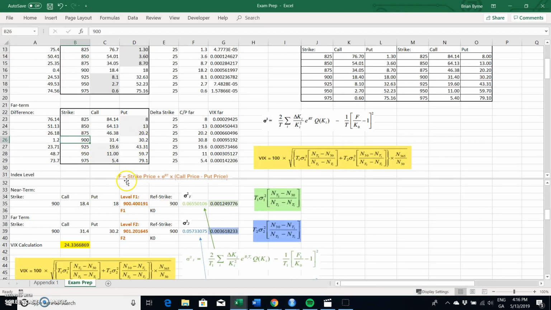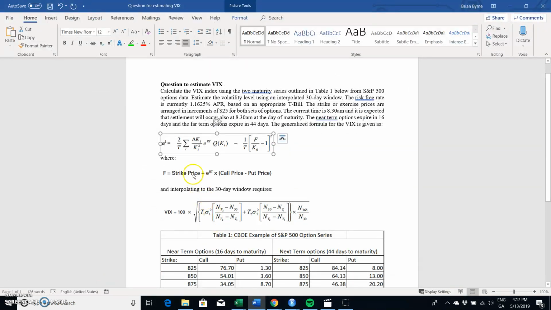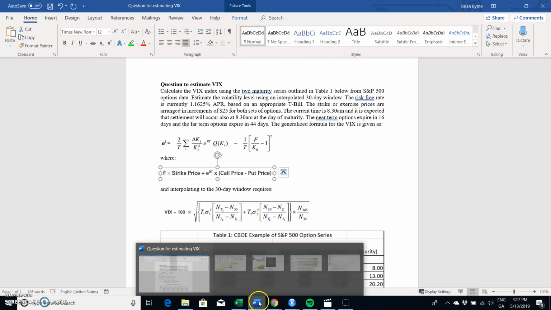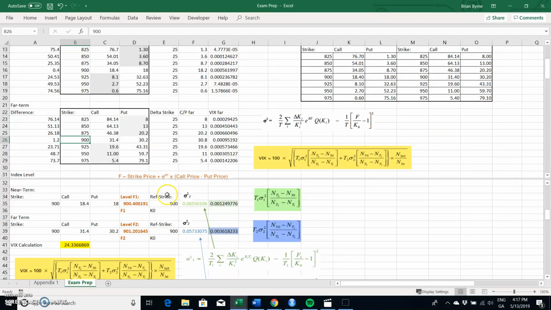So taking this formula, how do we implement this? Where is it being used in terms of our estimation? Well, we used it here in our estimation for the variance. We did have an F estimate, and I took F from here.